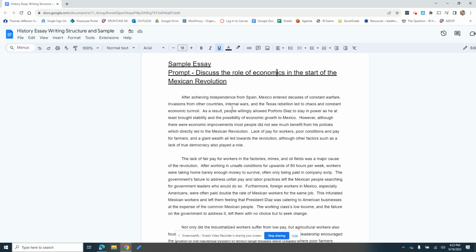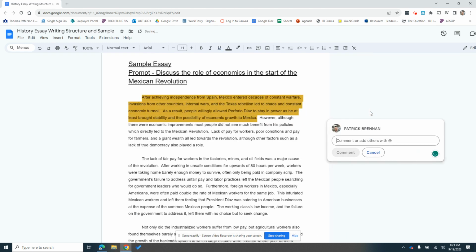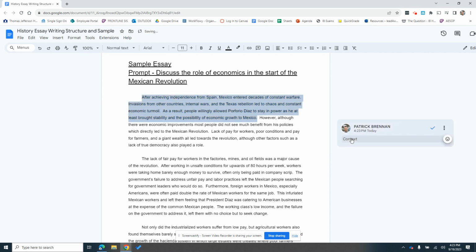As a result, people willingly allowed Porfirio Diaz to stay in power, as he at least brought stability and the possibility of economic growth. So this is our context. Not necessarily something answering the question, but it helps set up what we're going to talk about. We establish in this case why Diaz is even in power in the first place.